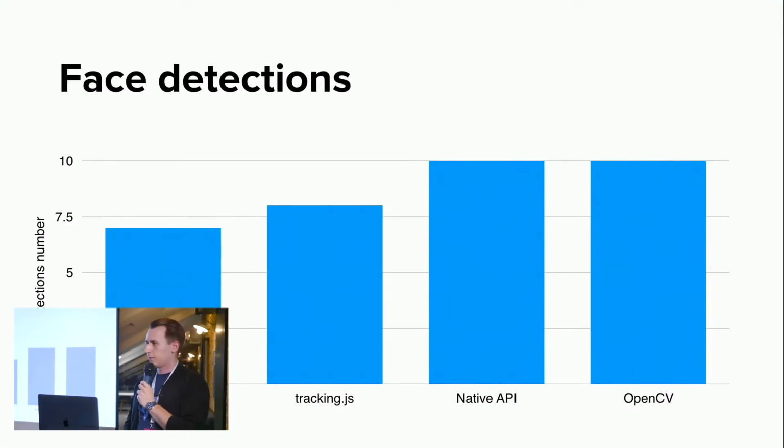And what is a benchmark without any charts? So I prepared 2 of them. The first chart shows you how many faces were detected by each of the methods, each of the APIs. And as you can see, native and OpenCV are the best here.